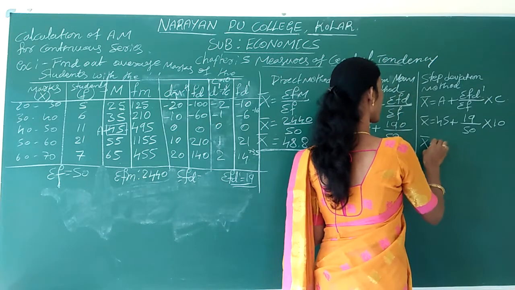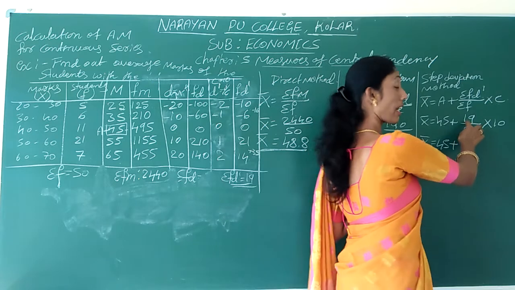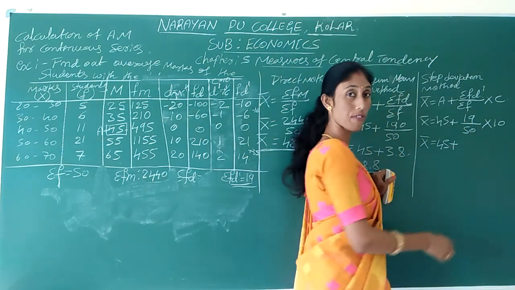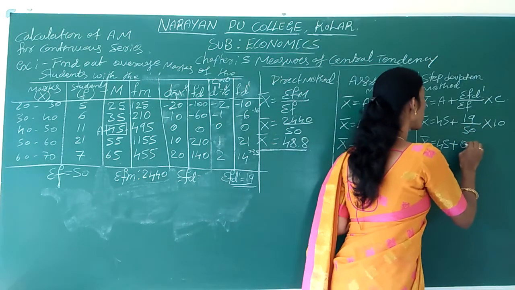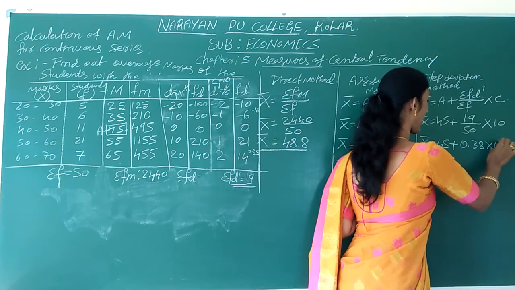Then simplifying this formula, 45 plus 19 divided by 50, we will get 0.38 into 10.